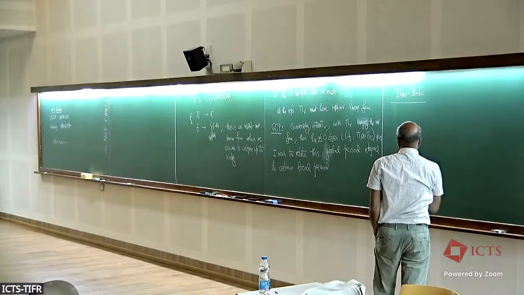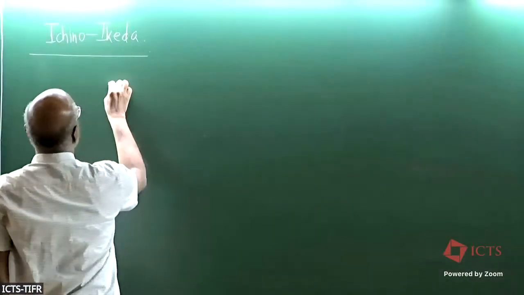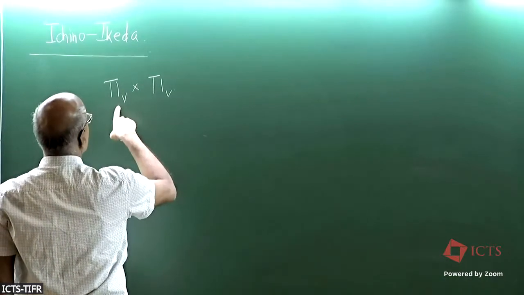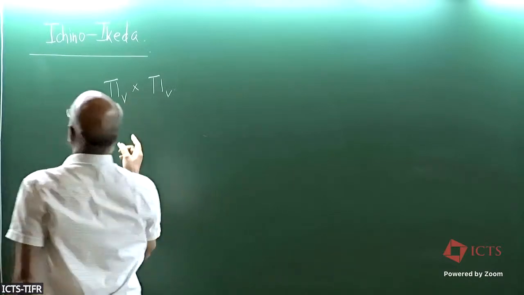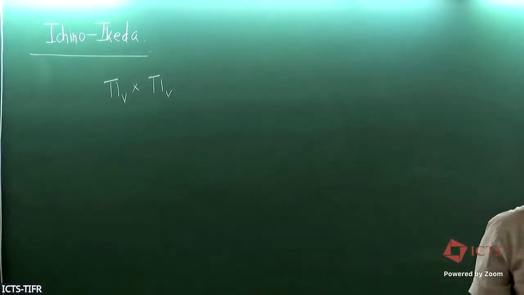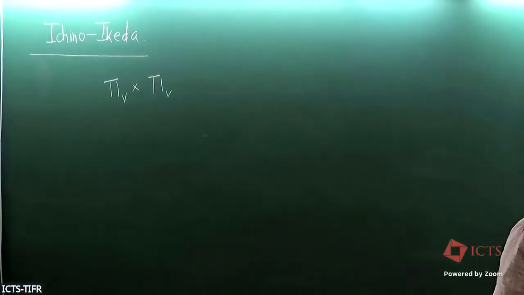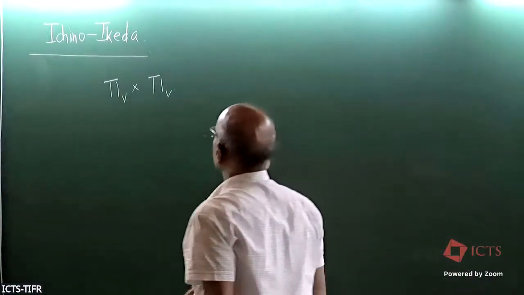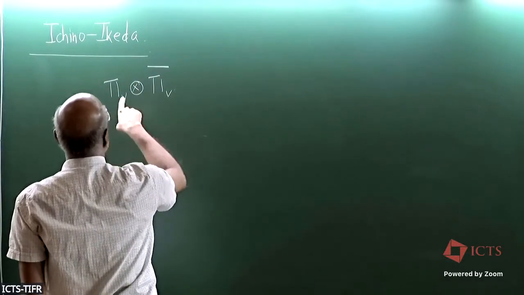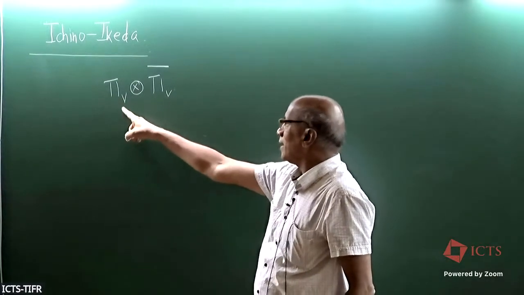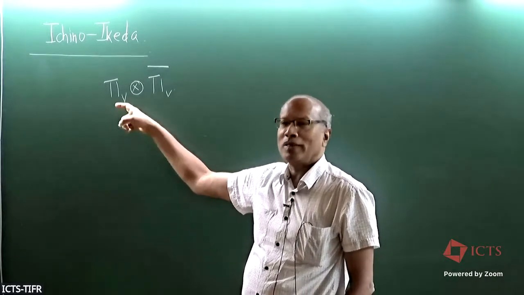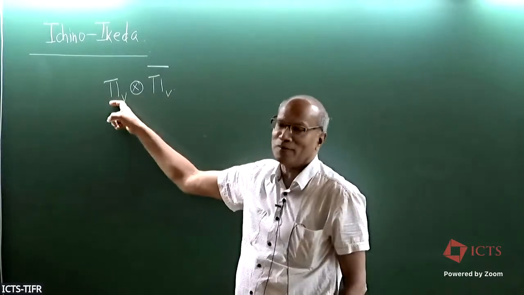What they do is that, if you are given local representations pi_v of the group G_v, then the local uniqueness theorem says that it has a unique invariant linear form, but which is quite a bit of an abstract object. But one can construct, and this is what is called doubling of the variable, one can double the representation pi_v, and instead of constructing an HV invariant linear form on pi_v, one can construct an HV cross HV invariant form on the tensor product.